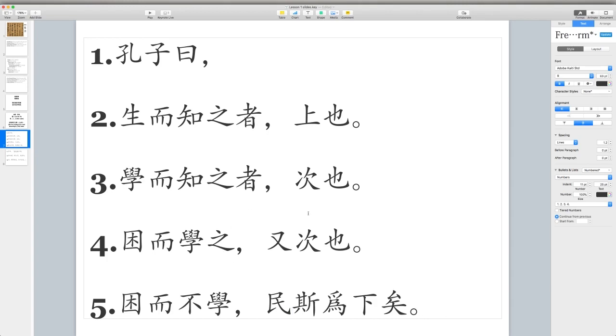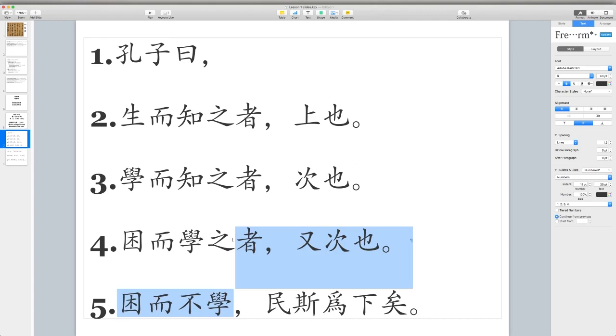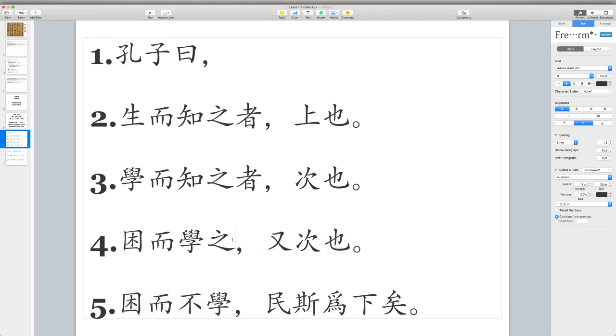And I'm going to point out things like this from time to time, like this 者, right? 者 could also be here, right? From time to time, I'll point these things out where I think there's an implied particle, because when you're reading stuff for yourself, it can really help to make sense of or to parse sentences by looking for places where a grammatical particle could go.